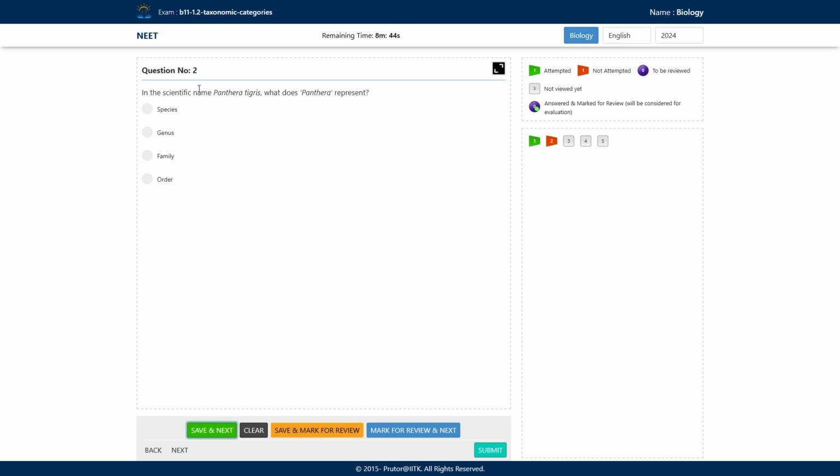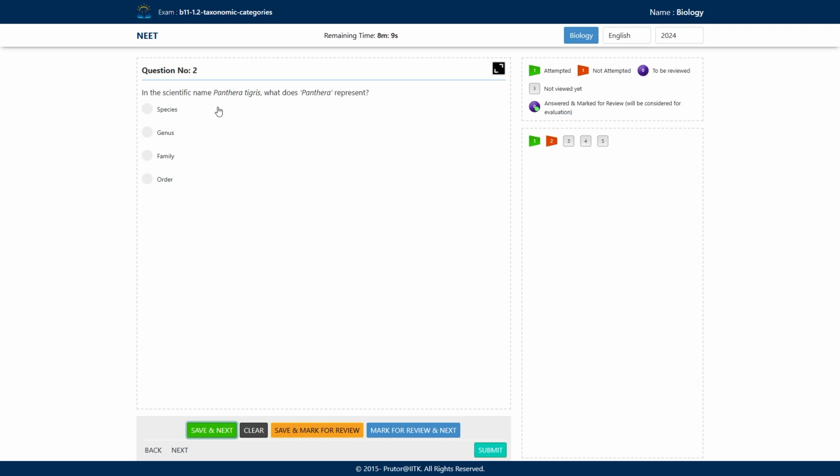Now let's discuss this question. In the scientific name Panthera tigris, what does Panthera represent? A scientific name, or you can say a biological name, has two components. The first word represents the genus, and the second one is the specific epithet, which represents the species. So what does Panthera represent?